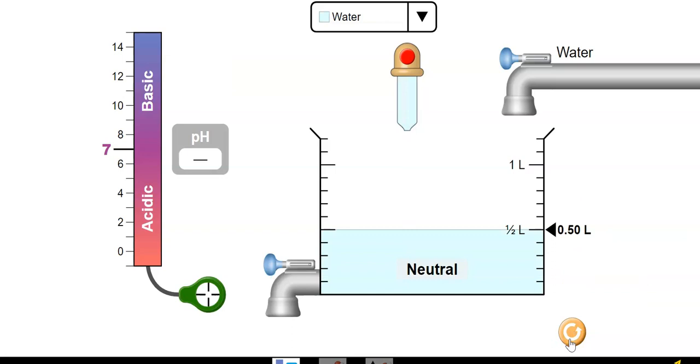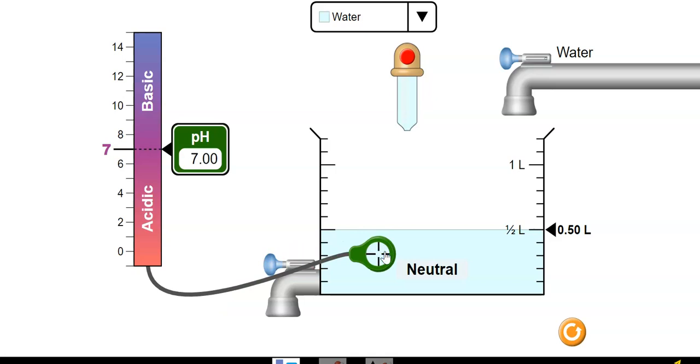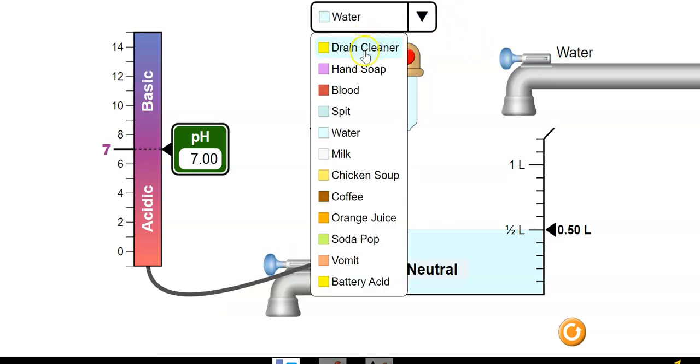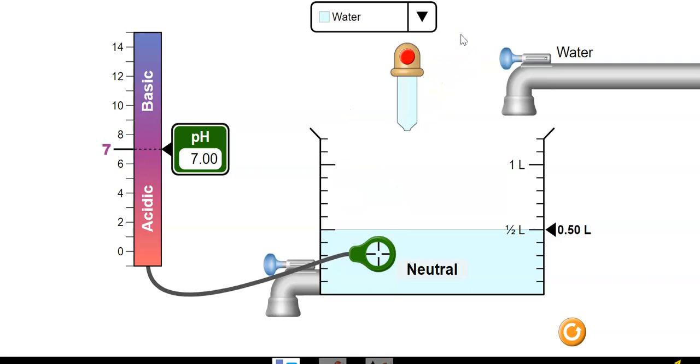So this first simulation is the easiest one. It's just the pH scale, and you need to insert the probe so you can read the pH. This one's really easy. You can toggle between different solutions: drain cleaner, soup, coffee, a mixture of different types of everyday acids and bases.